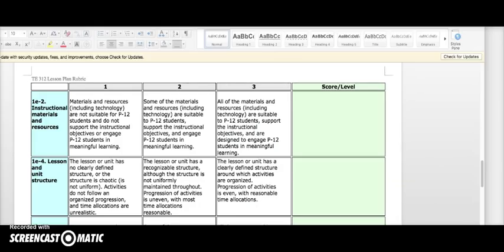And according to my rubric, all of the materials should be suitable for my students, aligned to the objectives, and designed to engage students. So if I don't justify that they're designed to engage, I'm going to be scored lower.